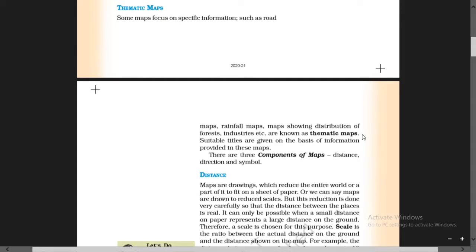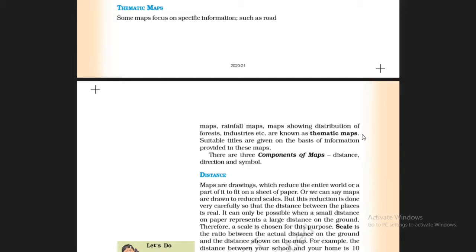So here, some maps focus on specific information. They focus neither on physical features nor political anything there. They focus on specific information.